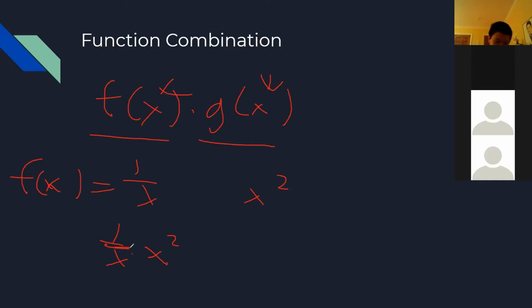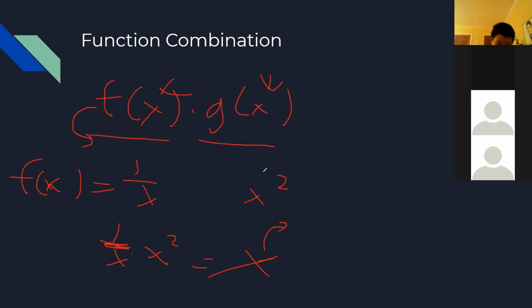However, there's a pitfall here. If we were to simplify, this would be x. However, f cannot have an input of 0. Its domain does not allow that, which is not reflected in this answer.